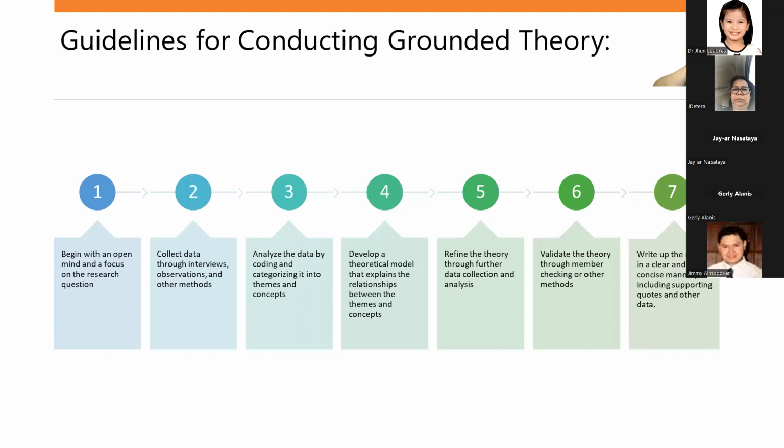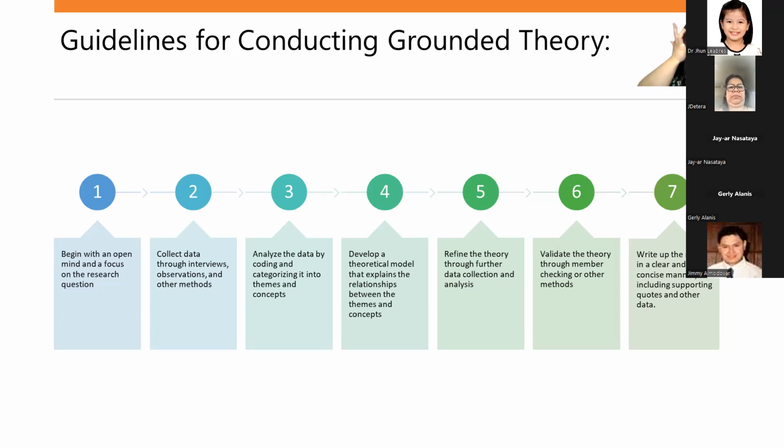Although we still do codes. But here in GT, there are 3 types of coding which I will discuss later. Okay? So in Pheno, one time coding, in GT 3-time coding.